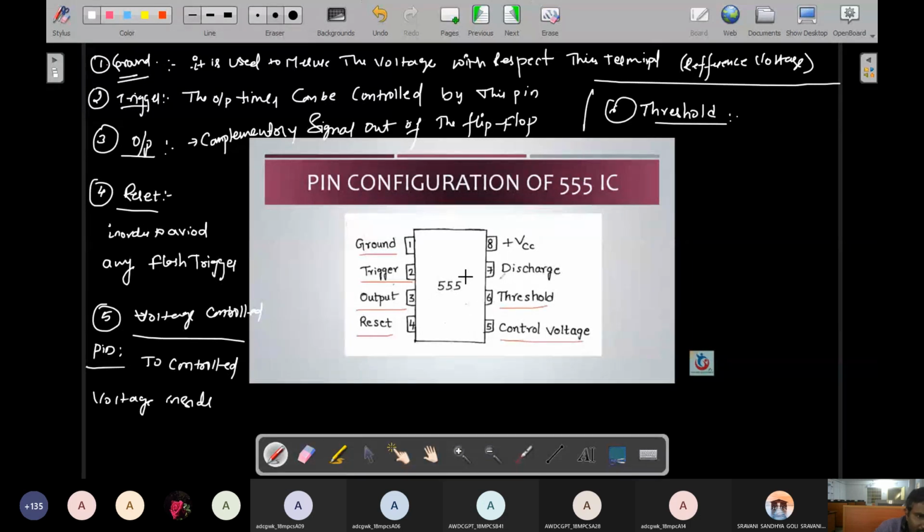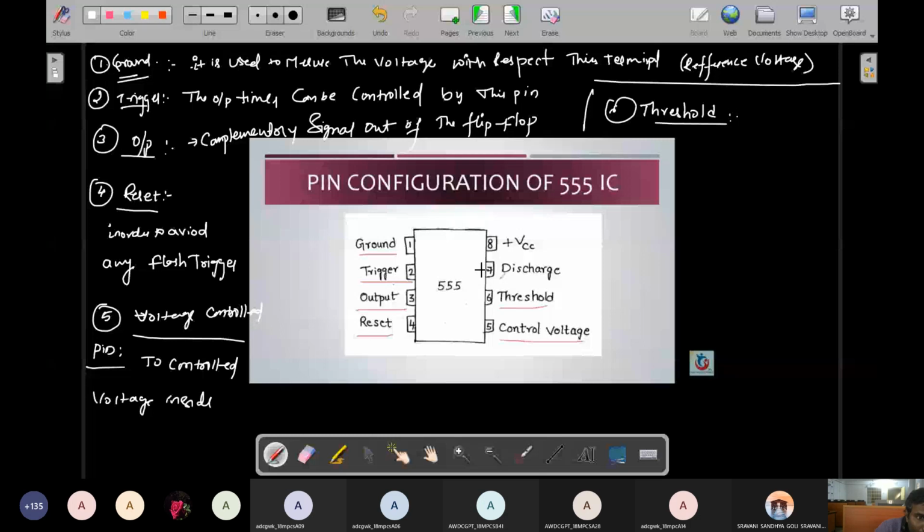In this 555 IC, we are using the 5 equivalent resistors. These are the potential divider, and at each resistor there is a potential drop. So each and every part needs a minimum voltage to function.